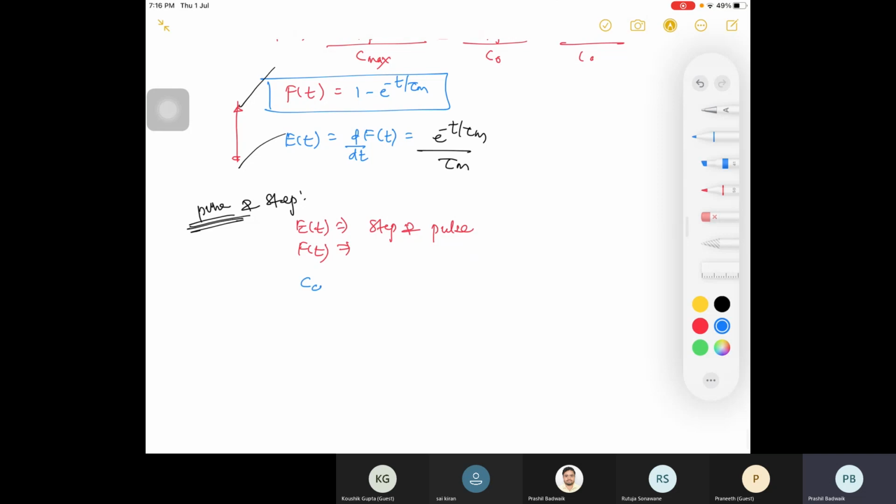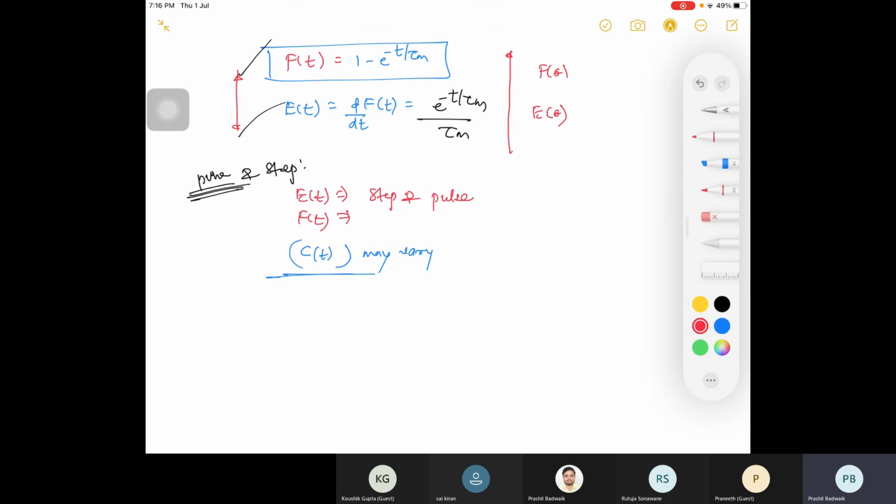Write C(t) may vary. So this was about step tracer injection in your CSTR, that is the ideal one. Now other values you can calculate, right? That will be same, F(theta) and E(theta).